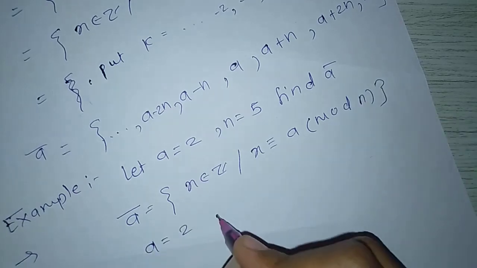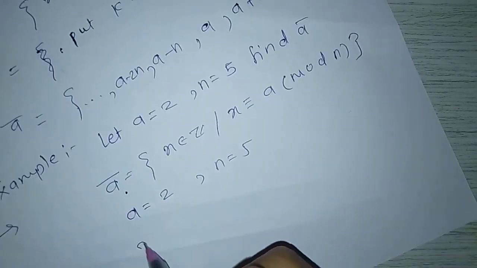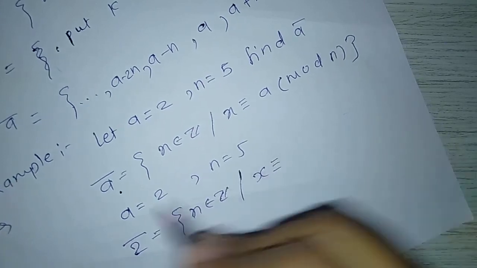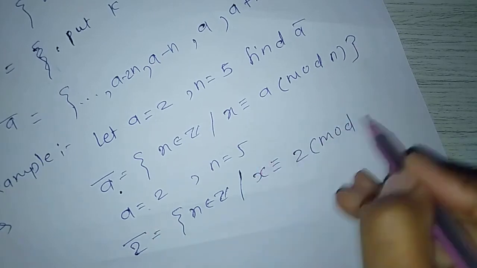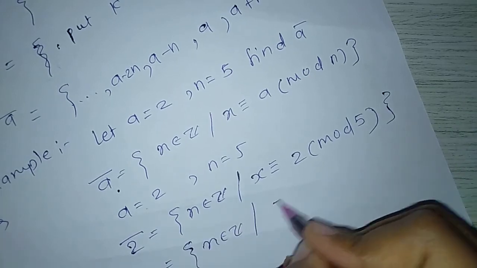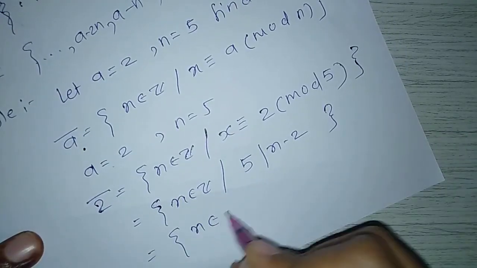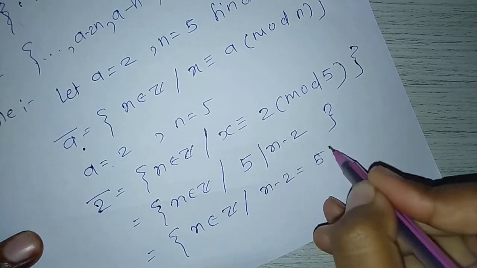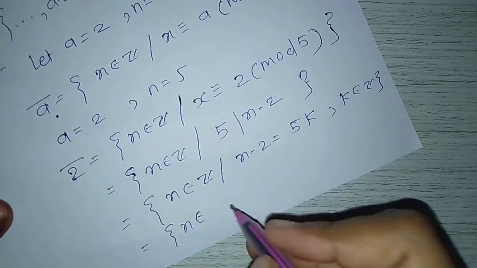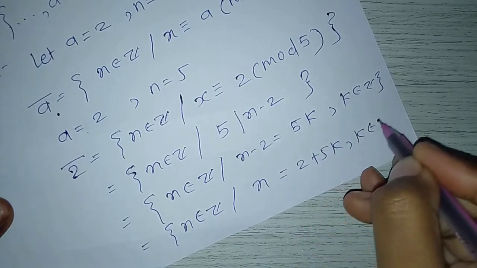Here a equal to 2, n equal to 5, put in this: 2 bar equal to x belongs to Z, x congruent to 2 modulo 5, equal to x belongs to Z such that 5 divides x minus 2, equal to x belongs to Z such that x minus 2 equal to 5k, k belongs to Z, which is equal to x belongs to Z such that x equal to 2 plus 5k, k belongs to Z.